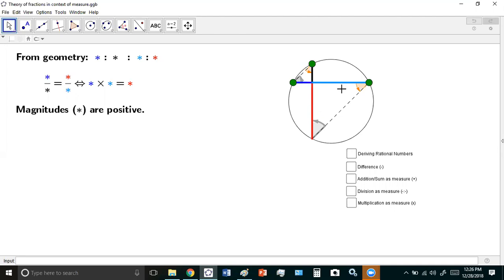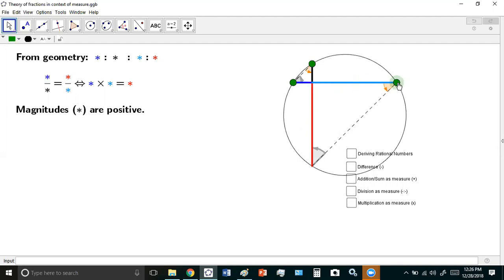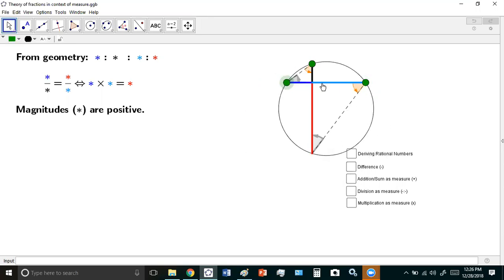So it doesn't matter how you move this along. No matter how far you move this along, that will give you the product, and likewise, you can get the quotient by the same method.